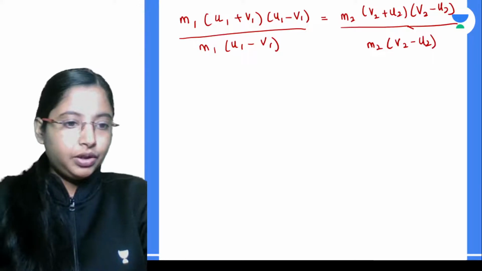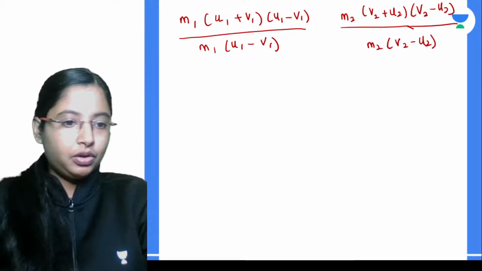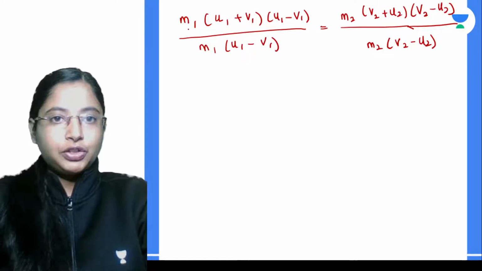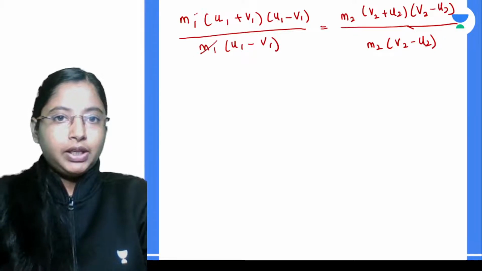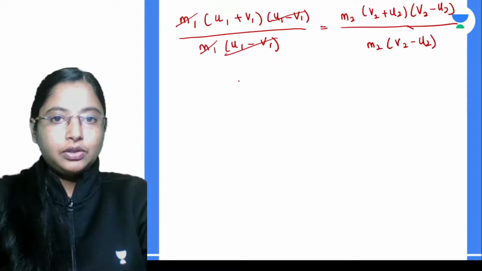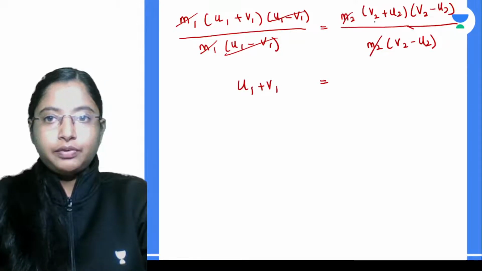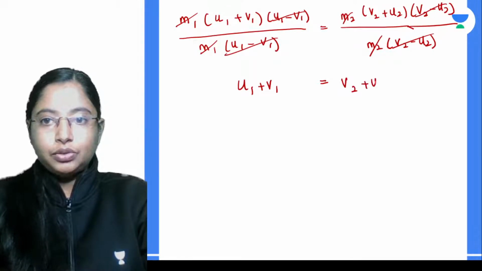If you divide equation 3 by 2, m1 cancels, this term also cancels, and you end up getting u1 plus v1 equal to v2 plus u2.